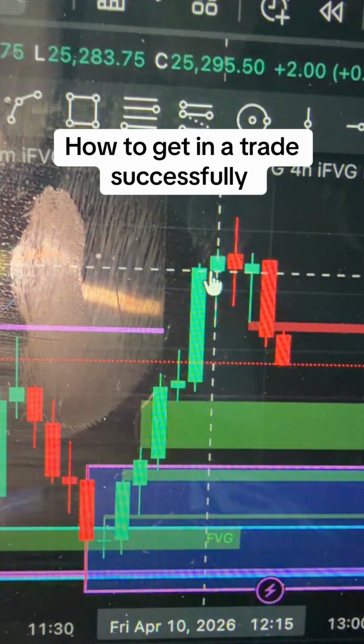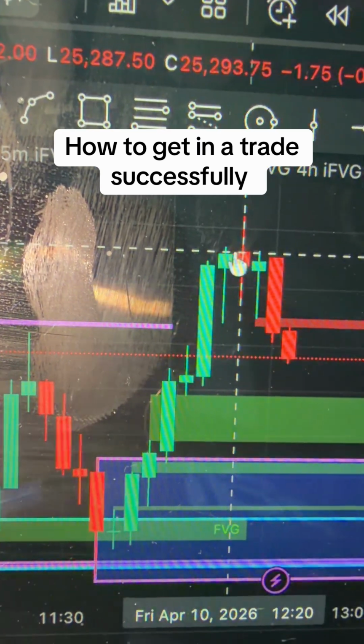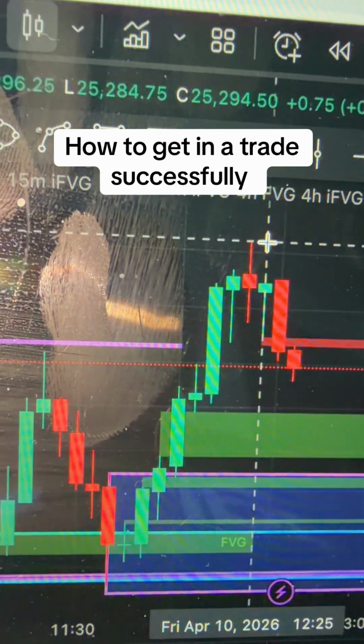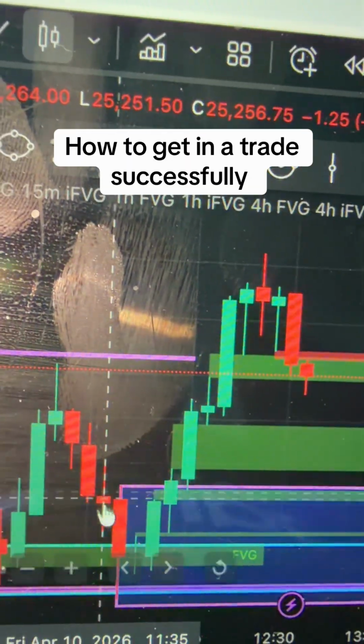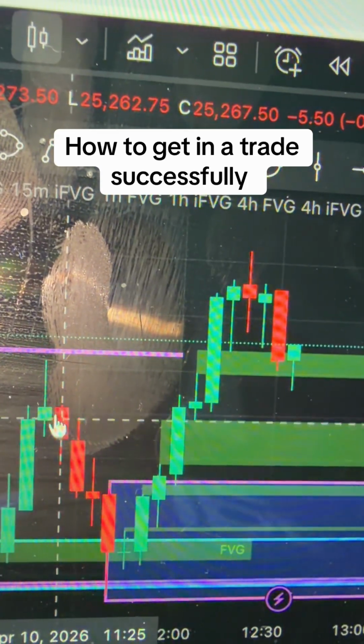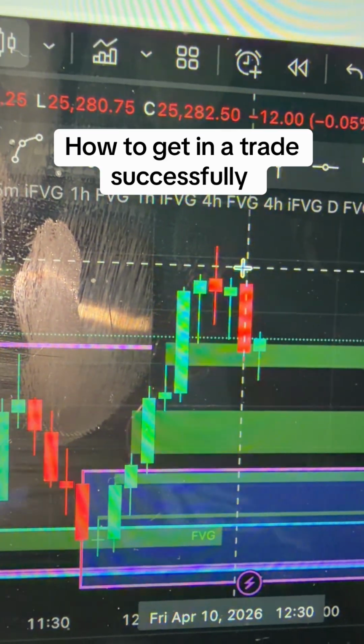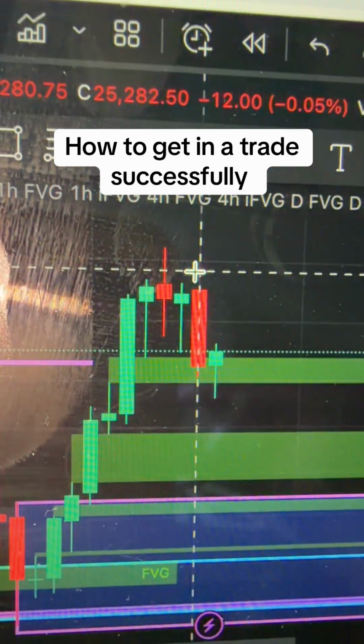But we know that in trading, even though it may be on an uptrend, it also does pullbacks. It retraces itself. Pullback and retracing is the same thing.